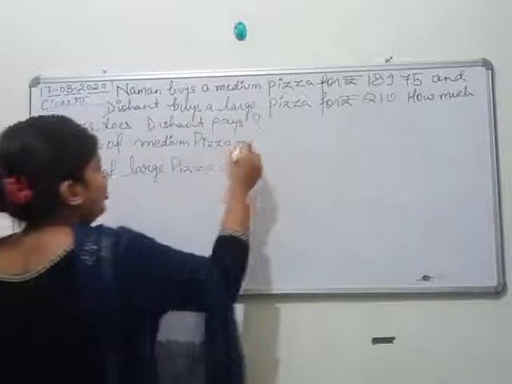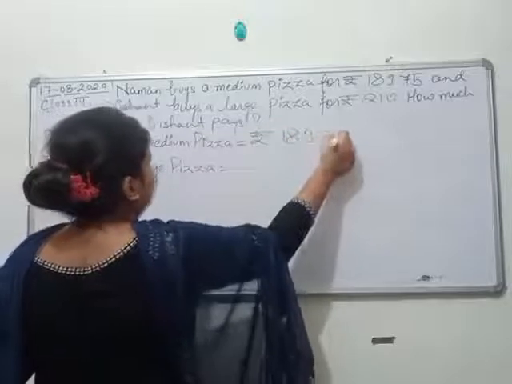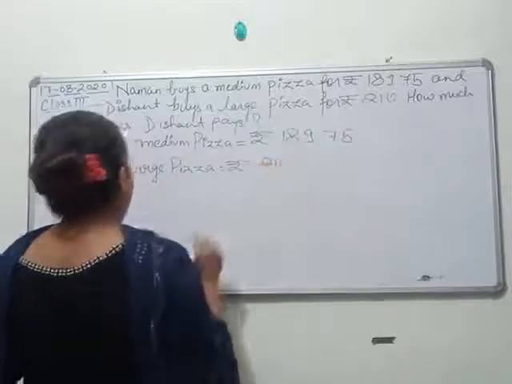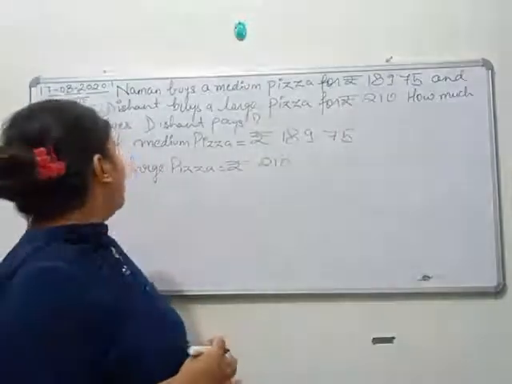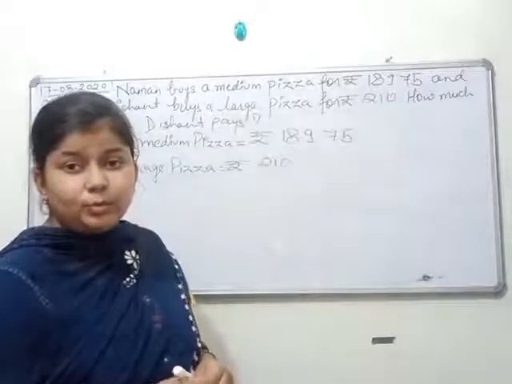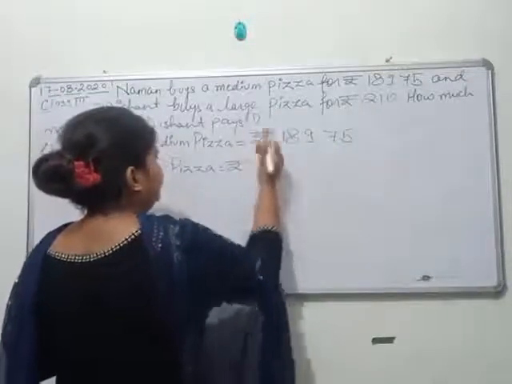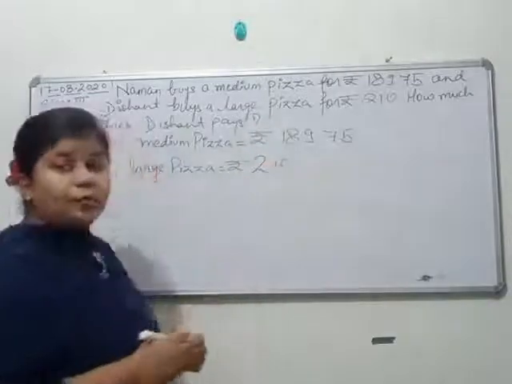Let us write the cost of both the pizzas. The cost of medium pizza is 189 rupees and the cost of large pizza is 210 rupees.